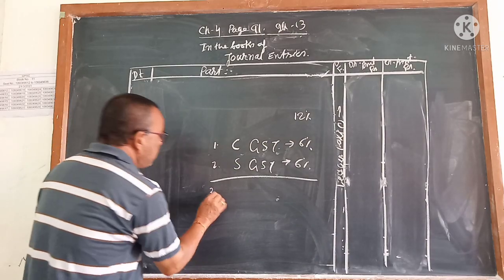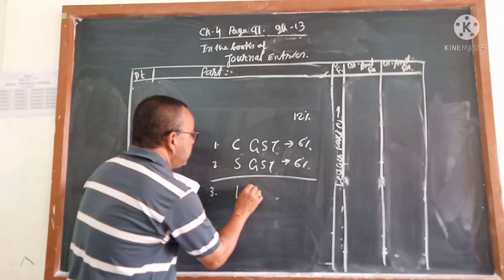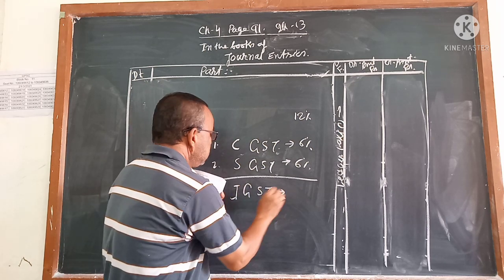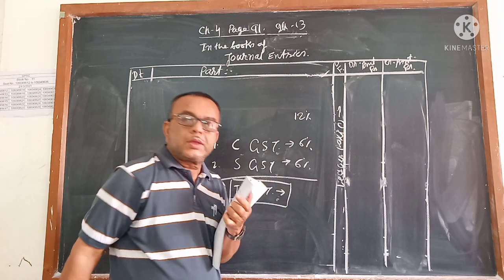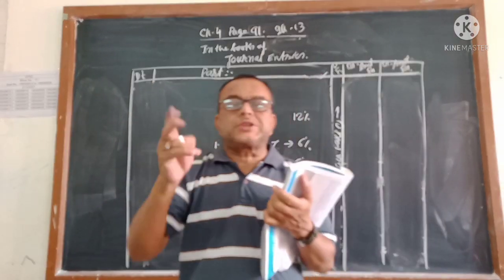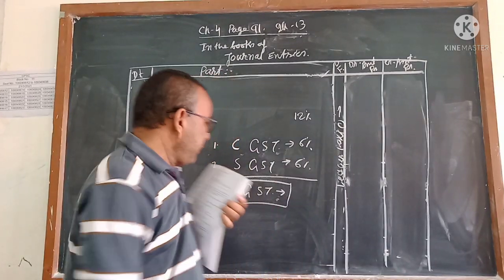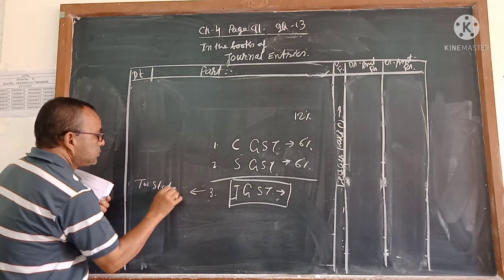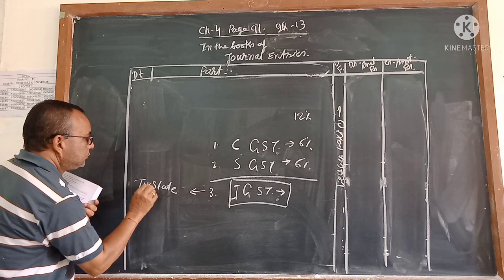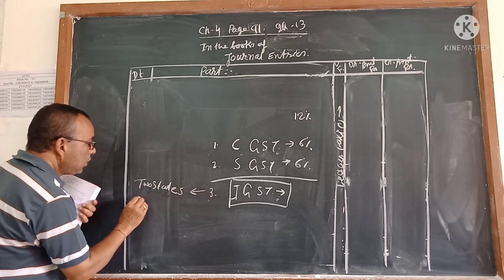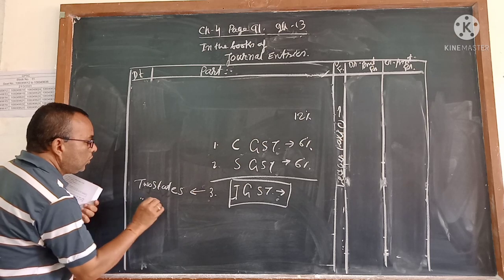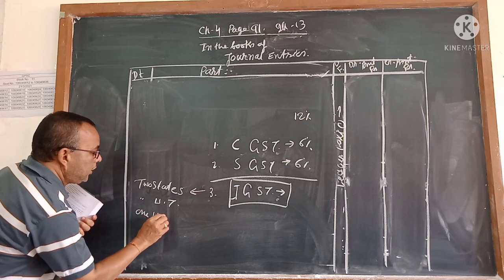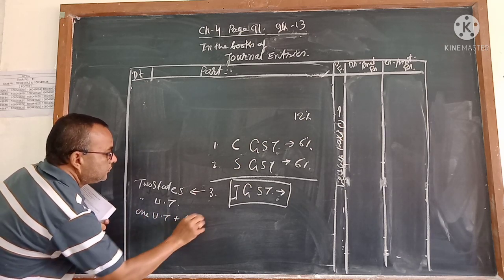But one more GST is there, that is IGST, Integrated Goods and Services Tax. This will be applicable only if the transaction takes place between two states, or between two union territories, or between one union territory and one state.